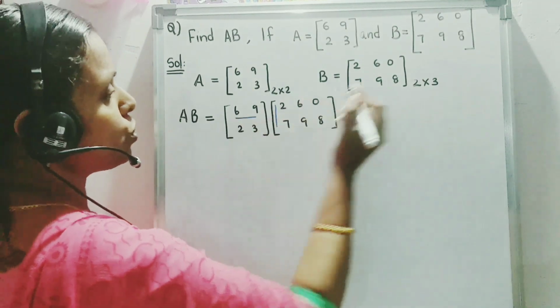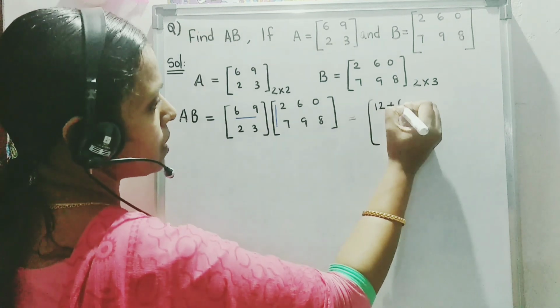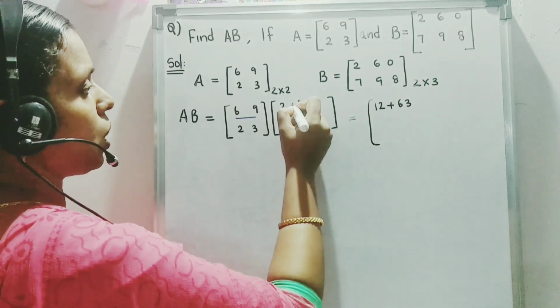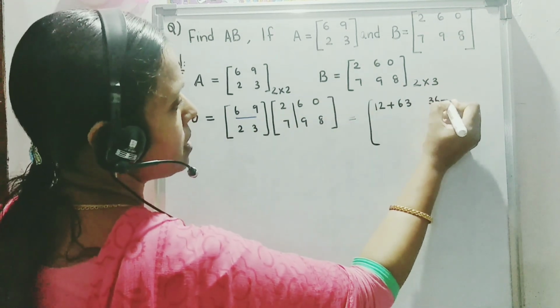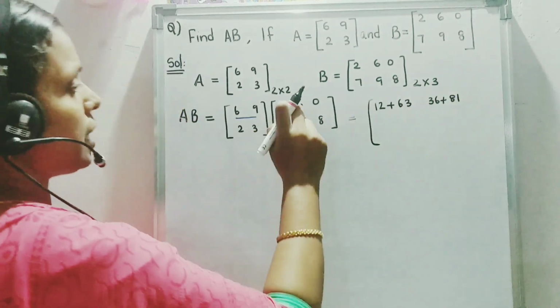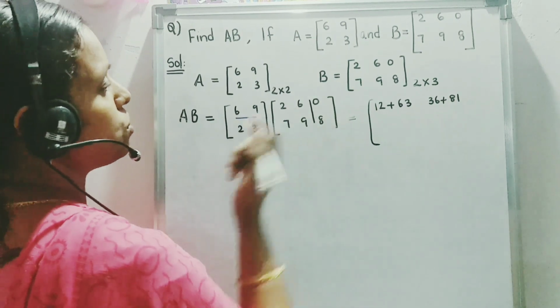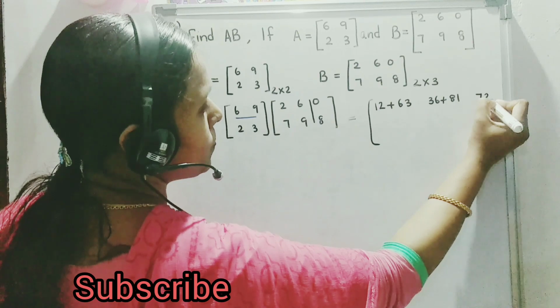Here 6 into 2, 12 plus 9 into 7, 63. Next we multiply first row with second column. We get 6 into 6, 36 plus 9 into 9, 81. Next we multiply first row with third column. That is 6 into 0, 0, 9 into 8, 72.